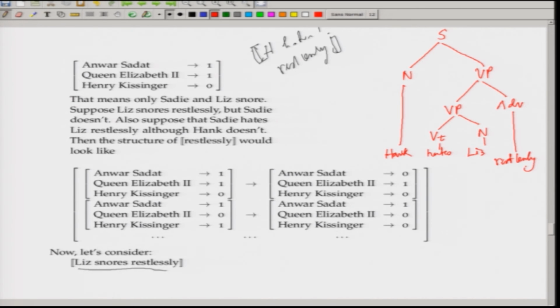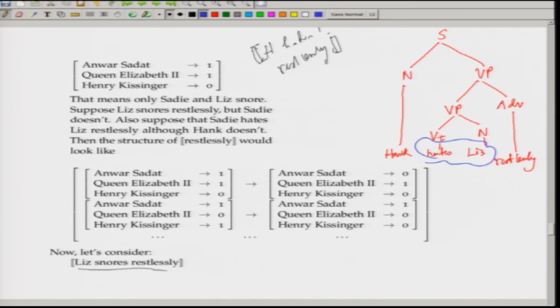So let us see how we construct it. We can see here that the adverb restlessly does not take hates or Liz, it takes hates Liz. So first it is hates Liz.